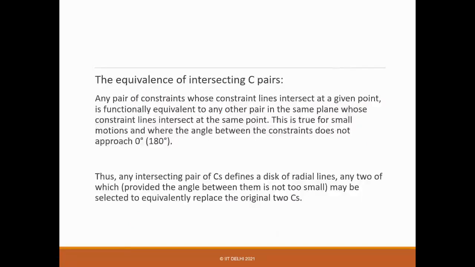What it says is that any pair of constraints whose lines intersect at a given point, for small motions and where the angle between the constraints does not approach 0, defines a disk of radial lines, any two of which, provided the angle between them is not too small, can be replaced equivalently by two ordinary constraints.